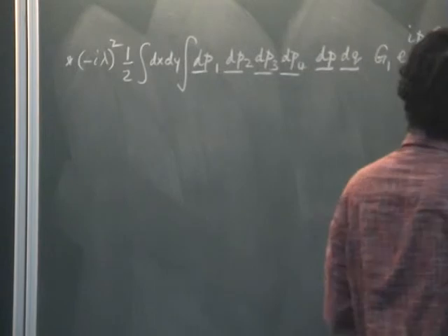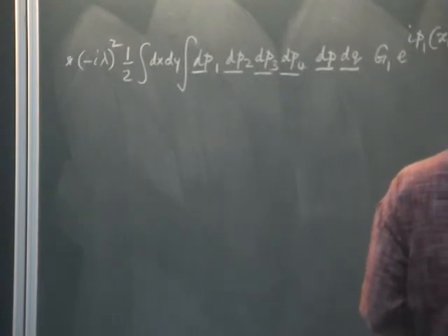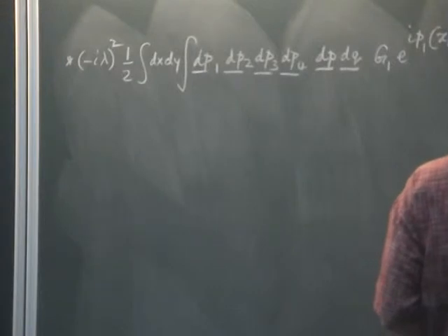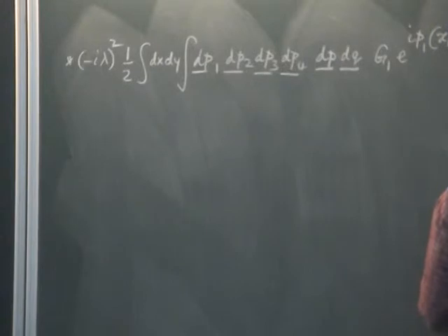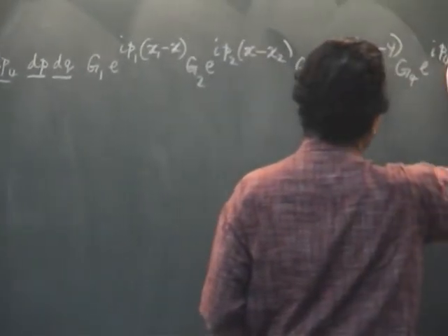Then I have g3 e to the i p3 (x3 minus y), and a g4 e to the i p4 (y minus x4).